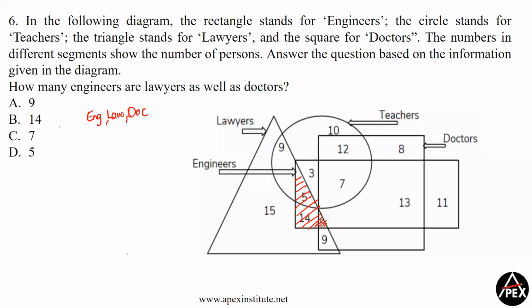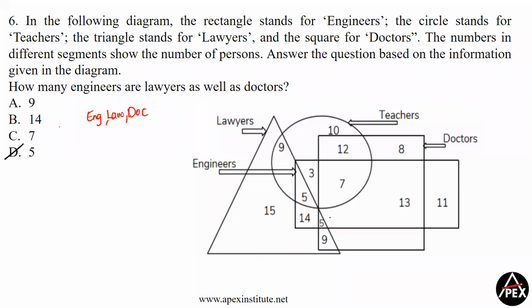So what is the common region between engineers and doctors, or lawyers and doctors? This one, isn't it? So this region represents the intersection of all these three. So how many engineers are lawyers as well as doctors? We have 5 persons in this region.